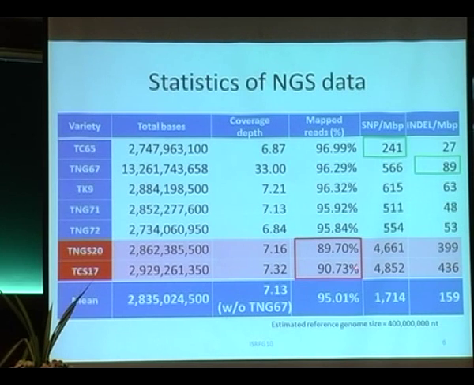And here you can see that Taichung Sen 17 has 4,855, so this means it's farther away compared to the other varieties. And here is a very strange thing that maybe you noticed: Genome 67 got 89 indels compared to Nipponbare.